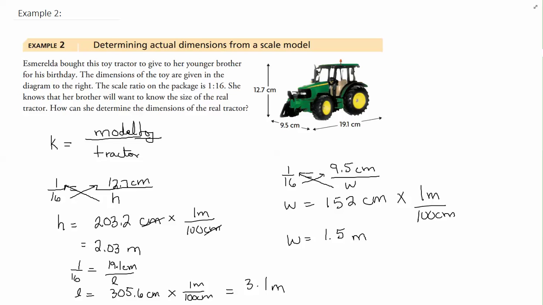So we can say that the dimensions of the tractor are 3 meters long by 1.5 meters wide.